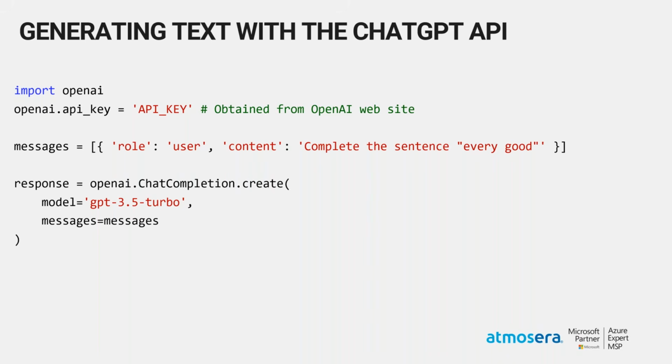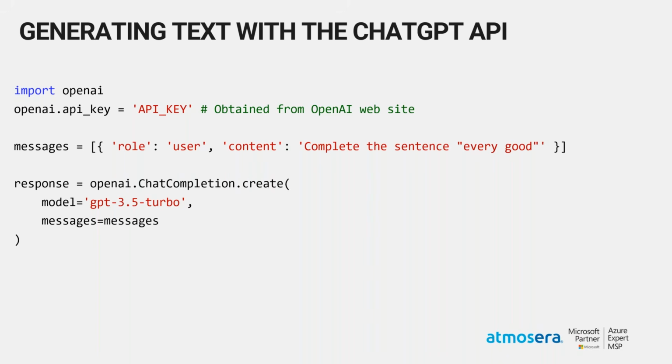Most of my examples will be done in Python, but realize that doesn't mean it has to be done in Python. What I've done is installed a Python package named OpenAI, which provides a really nice and easy to use wrapper around the REST ChatGPT API. And once I've installed that package, it's really easy for me to make calls to ChatGPT from Python using code like this.